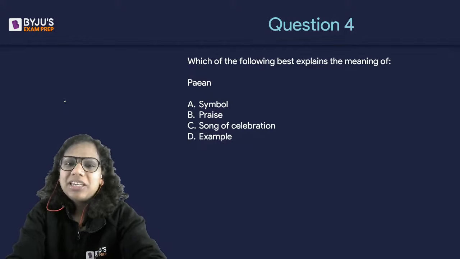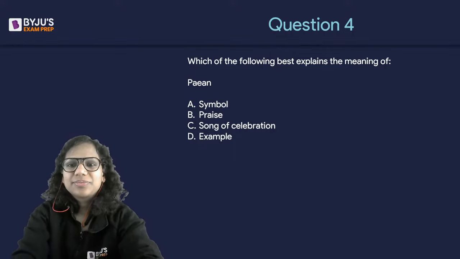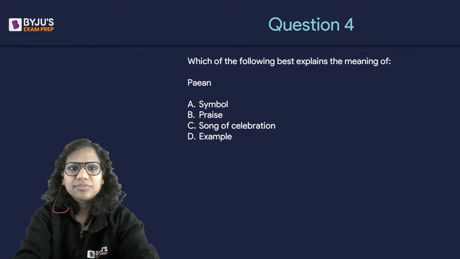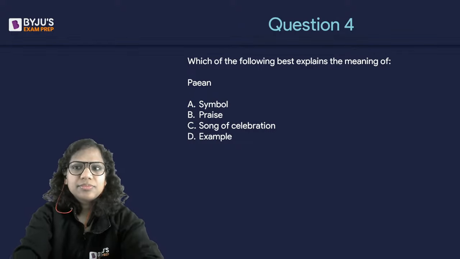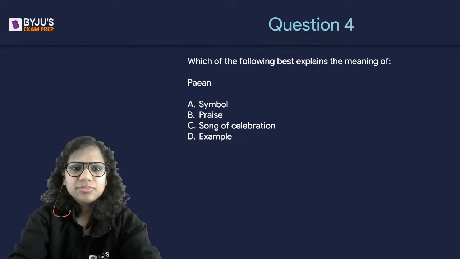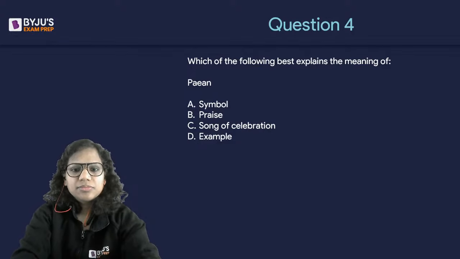Tell me the meaning of this word paean. That's how we pronounce it, paean. Let's see what you say.